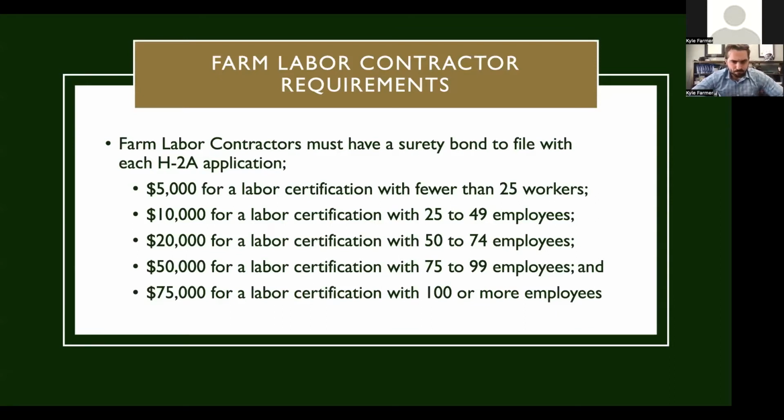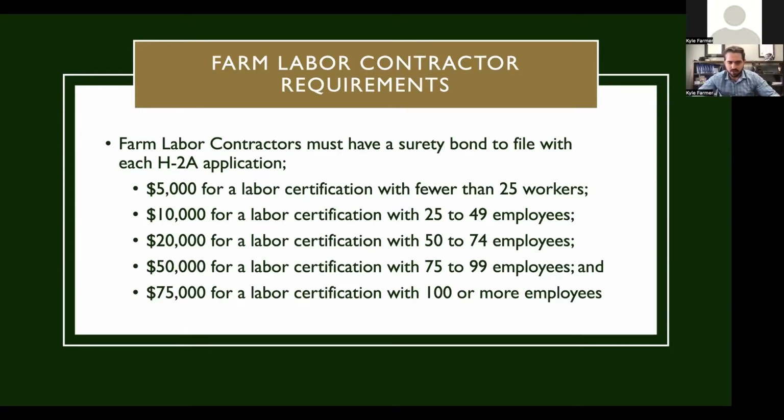Now, the bond amount is not the same as the cost of the bond. Those are very different things. The actual bond won't cost nearly that much money, but the cost of the bond does vary based off the individual, because the bonding company will look at the credit of the individual.